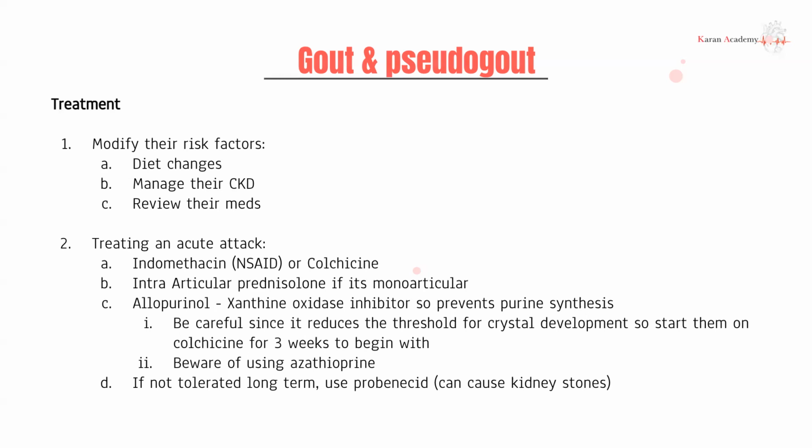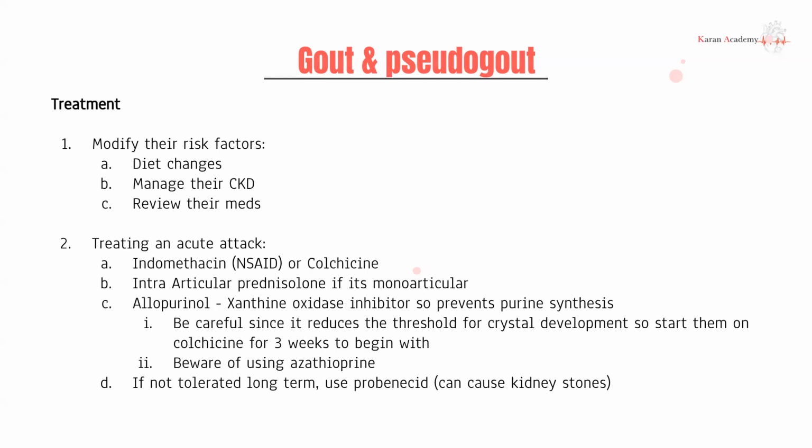However, with every person, there exists a threshold, and this threshold can be quite subjective. This threshold is basically a point where if your blood uric acid level exceeds it, you will start forming crystals. Now, although allopurinol is really good at reducing the level of uric acid, it also reduces the threshold for crystal development.